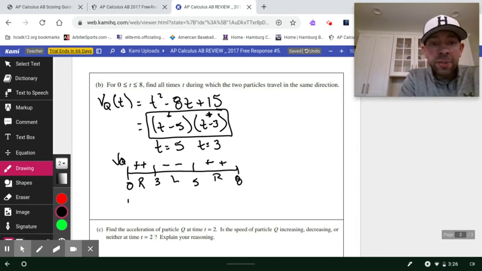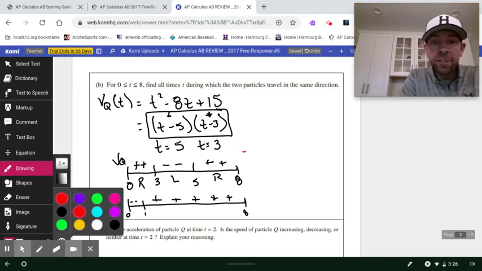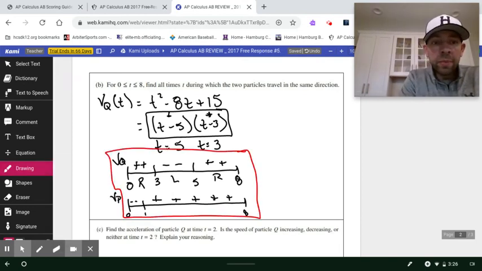What I'd like to do now is import that sign chart that I made for particle P earlier. From 0 to 1, we were negative, and then from 1 to 8, we were positive. I like to stack the sign charts, and when I get them stacked like this, I can more accurately compare the signs.